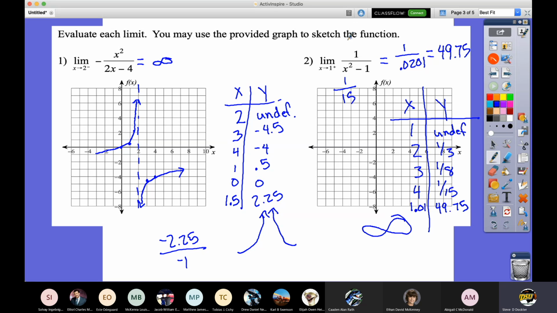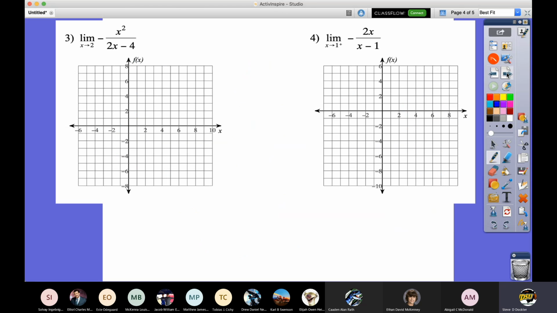Or over here with what we have, if it's 1 over x to any power, it's going to be one of these two. Now, from all the ones that I've done with this, I haven't found a shortcut to tell if it's going to be this one or this one. So you're just going to have to trust your XY chart to be able to get there.